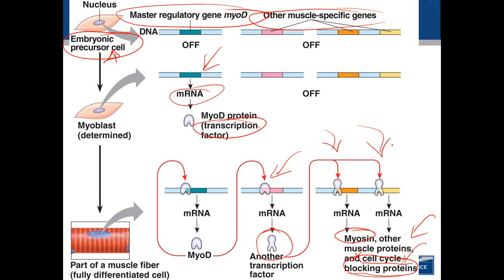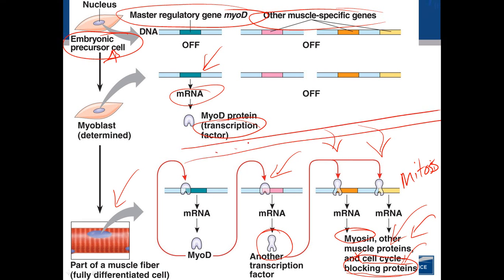And basically what it's going to do is it's going to stop mitosis. So now what starts to happen is you're making these muscle proteins, and mitosis is taking place, but no cytokinesis. So what you have is you're going to make a long cell with lots of various nuclei in it, a multinucleated cell, and inside of there, you're going to organize these muscle fibers, and now this particular cell is becoming differentiated, okay?